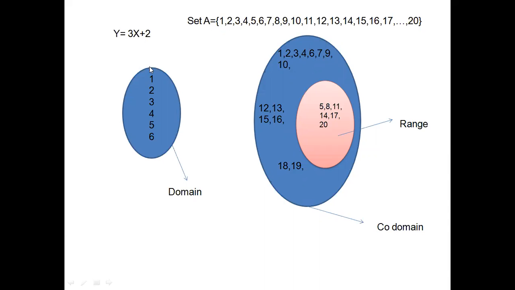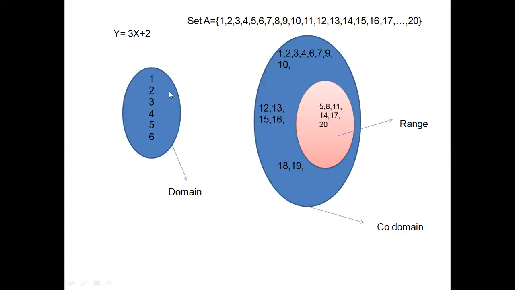In this way, if we put 1, 2, 3, 4, 5, 6 into this relation in place of x, then we get the values of y, which will be 5, 8, 11, 14, 17, 20.